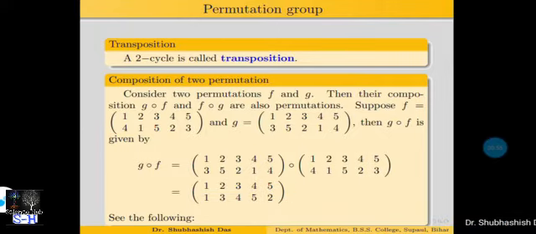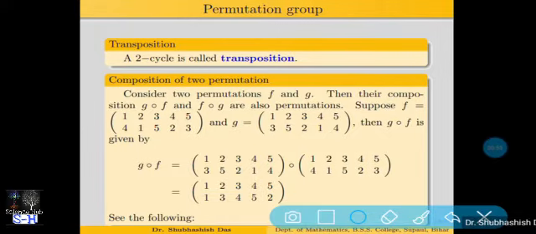How? This is very simple. See, 1 goes to 4, and 4 goes to 1. Therefore 1 goes to 1.